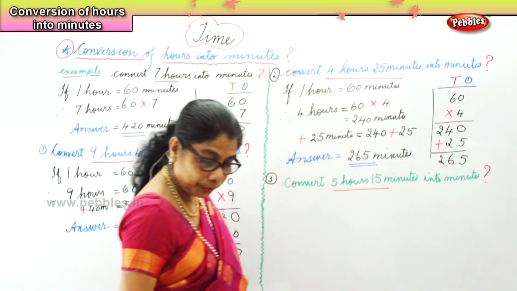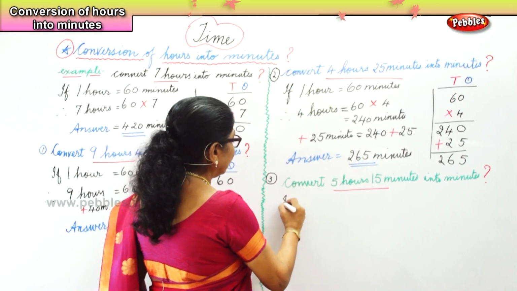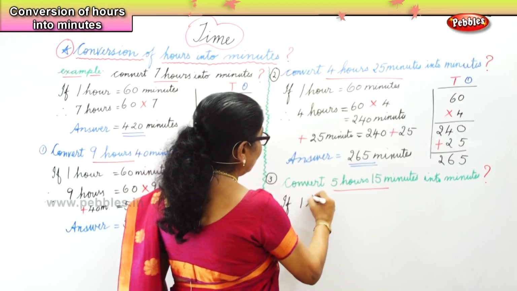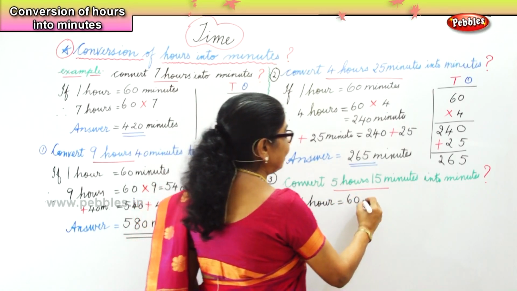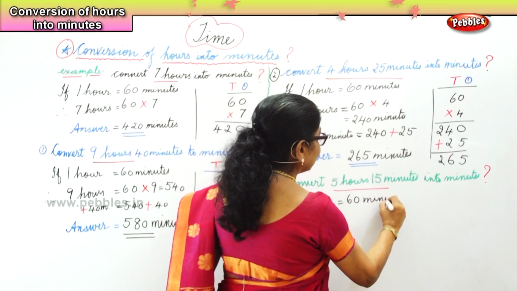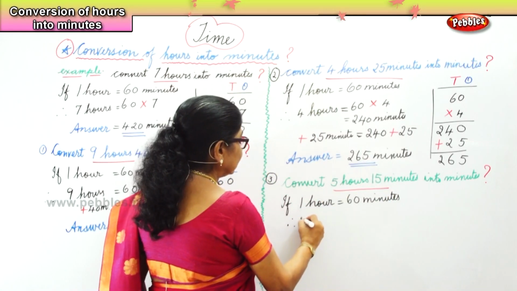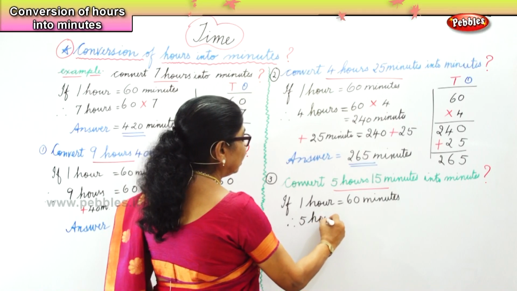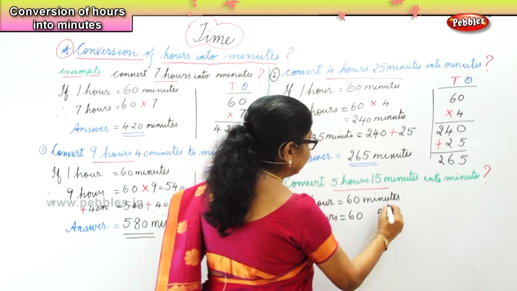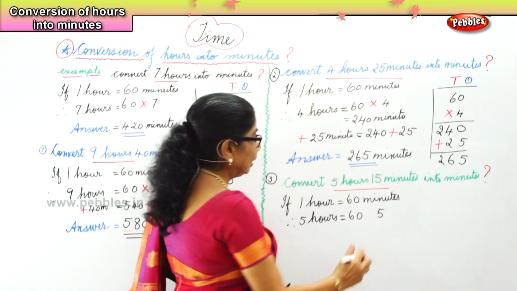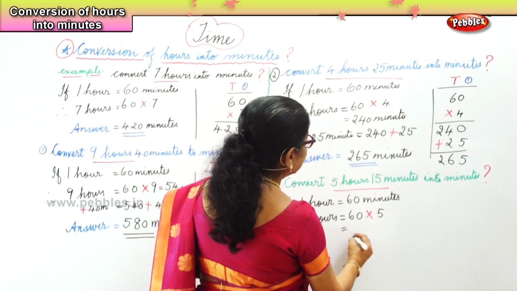That's what we are going to do. Alright? Now, how do we start? If 1 hour is equal to 60 minutes, then therefore 5 hours equal to 60 into 5. 60 into 5 will give us how many minutes?